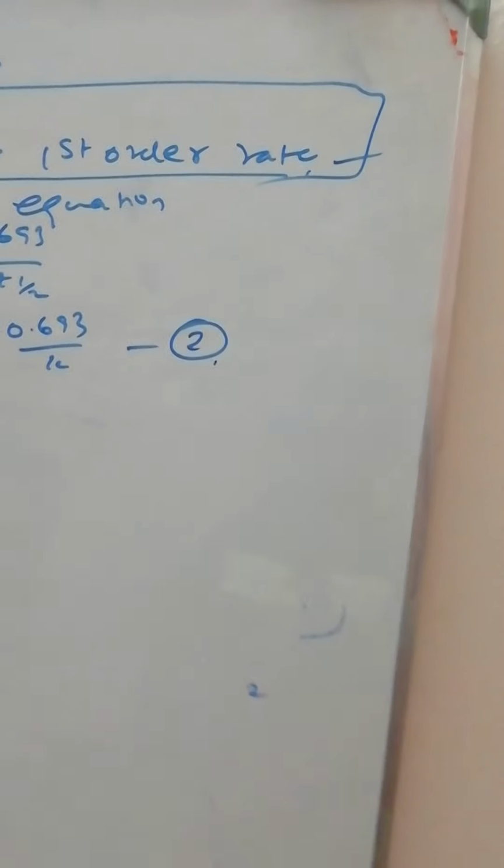So first, in this reaction, R0 is 100, R is equal to 99.9, leaving 0.1. Then T is equal to 2.303 by K log 100 by 0.1. Next step: log 100 means 10 to the power 2, and 0.1 means 10 to the power minus 1.